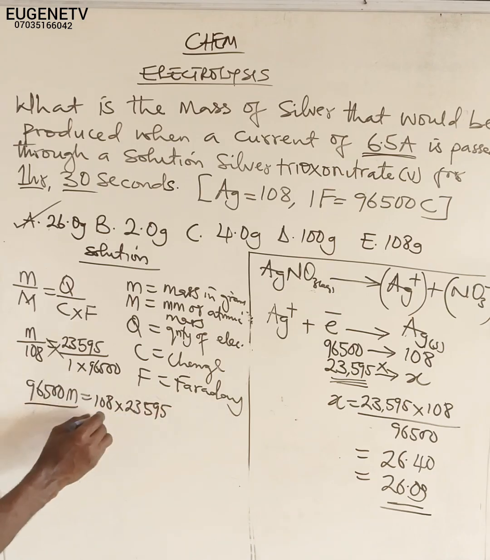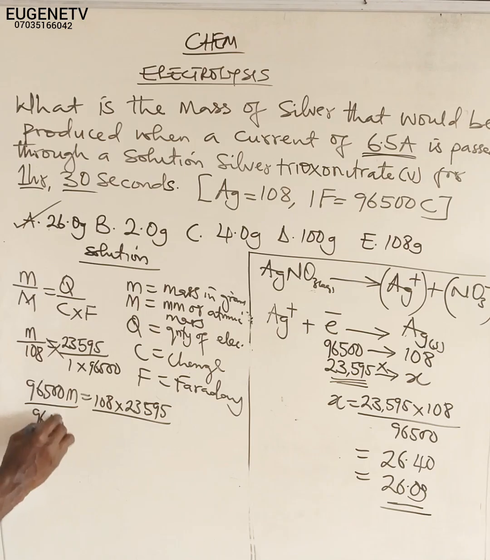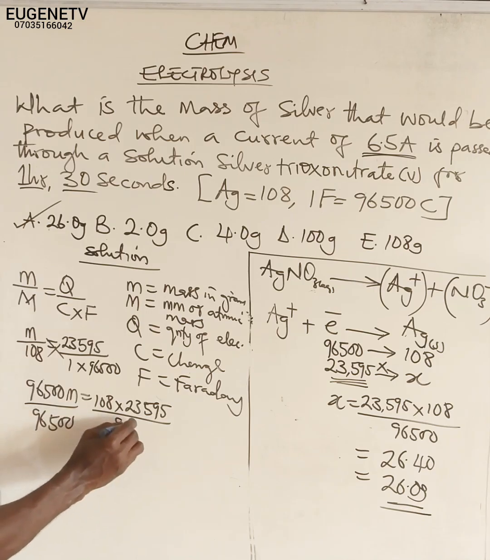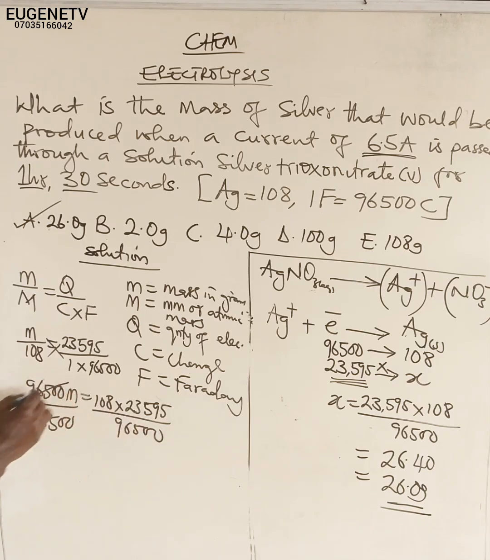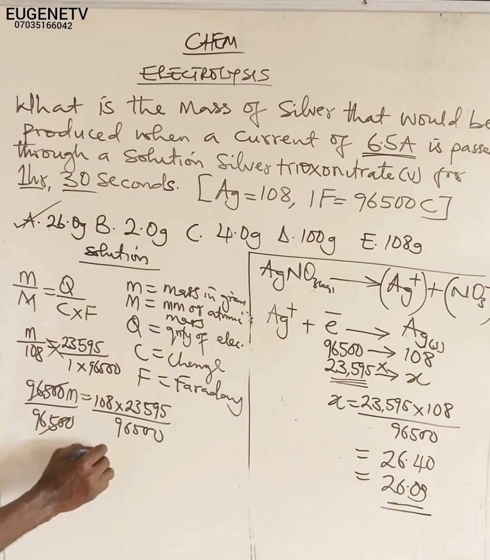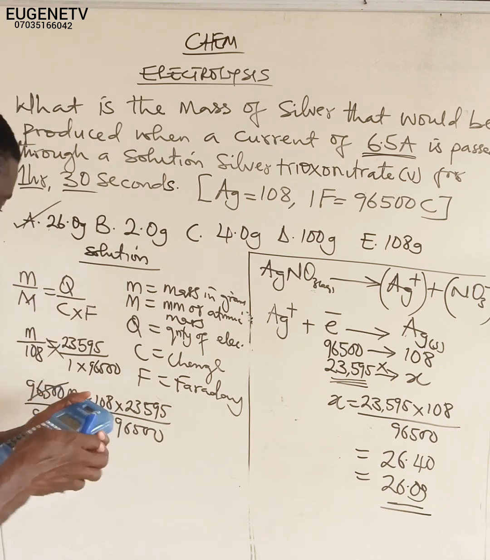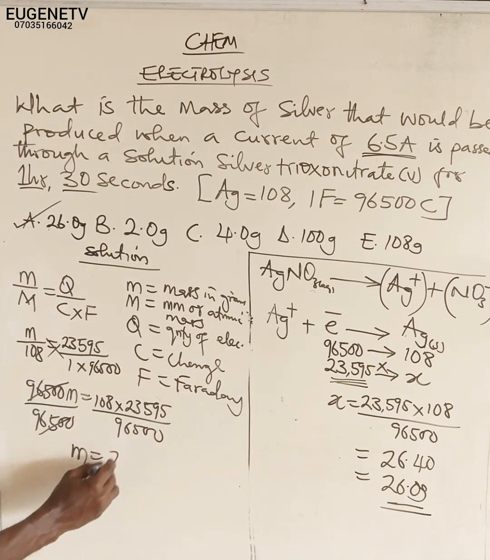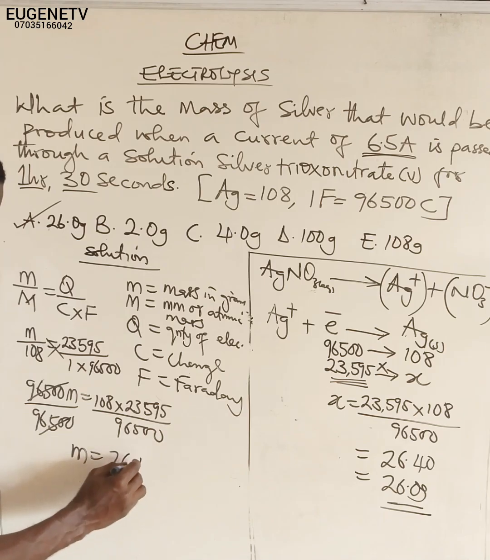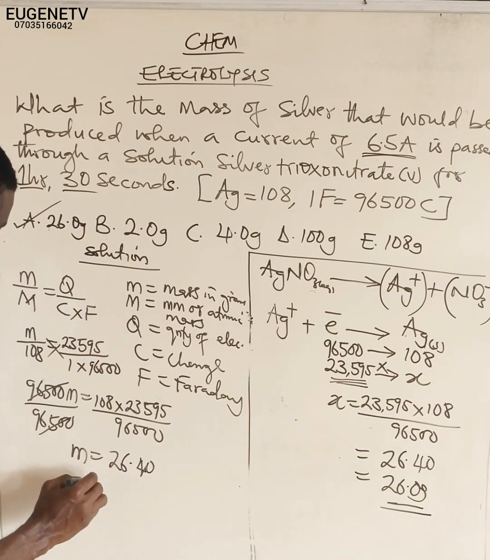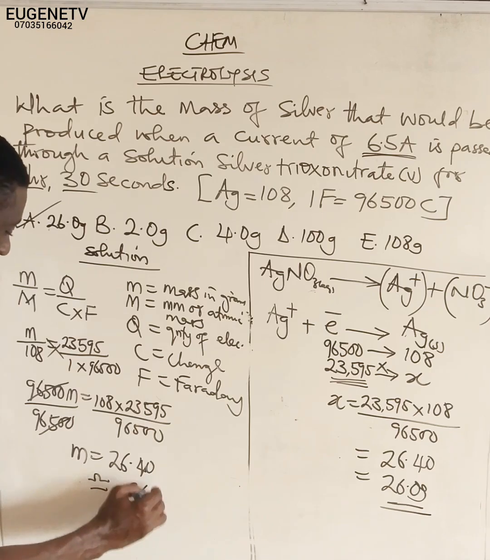So we can divide both sides of the equation by 96500. So this 96500 will cancel 96500. So our m is going to be 26.40. Approximately, this is going to be equal to 26.0 grams.